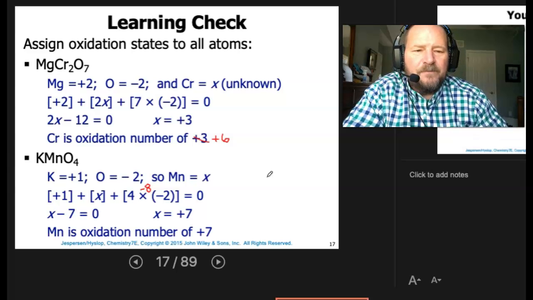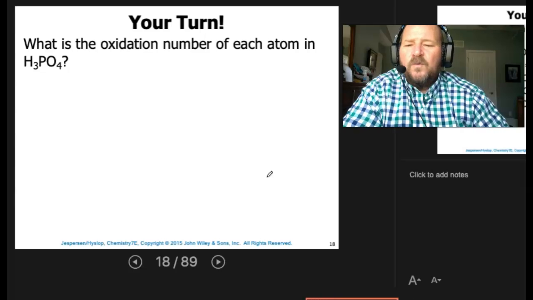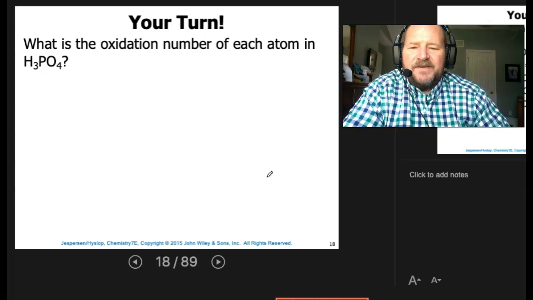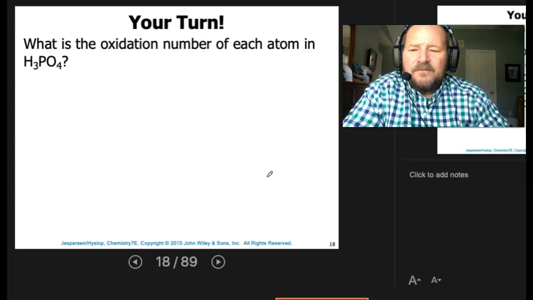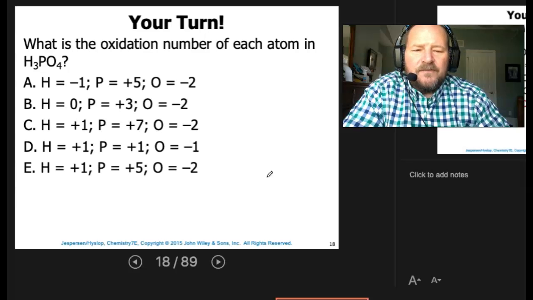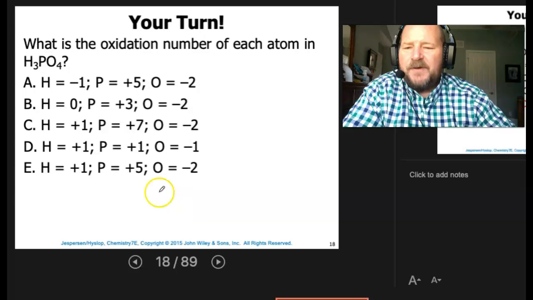All right. What is the oxidation number of each atom in H3PO4? Of course, here's your pause. So we'll go with the rules here. We know oxygen should be a negative 2.